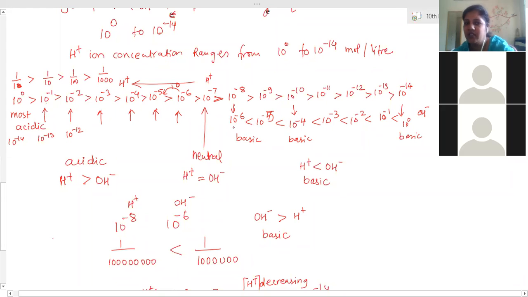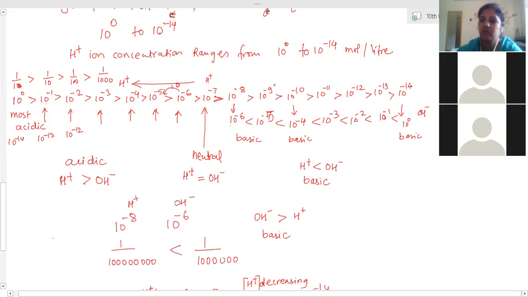So these are the least basic substances. Basicity keeps on increasing as we move from left to right because OH minus ion concentration goes on increasing. Is it clear?